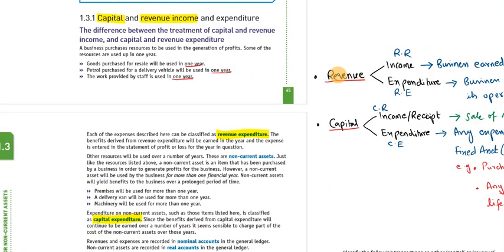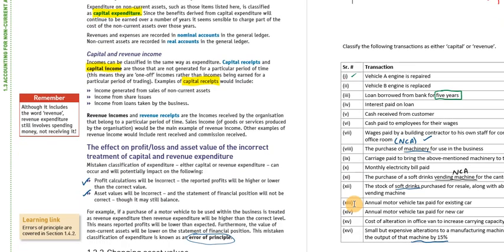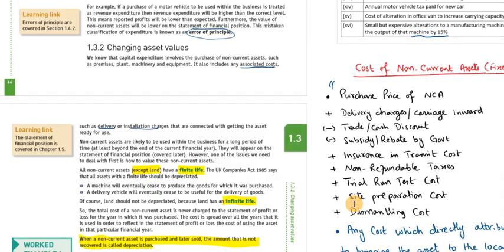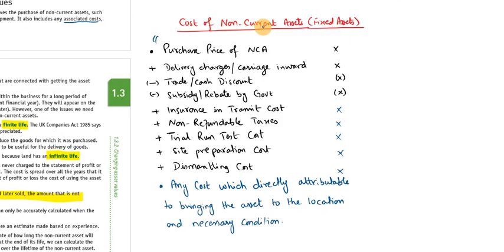Number one is what is revenue and capital, what are revenue receipts and revenue expenditure, and what are capital receipts and capital expenditure. Any question related to this you can ask. And last, we read what is the cost of non-current asset.